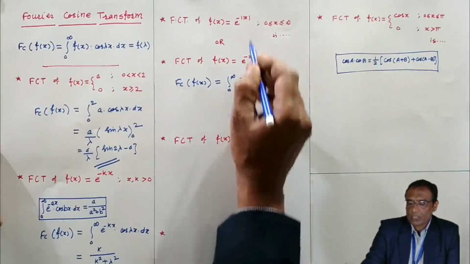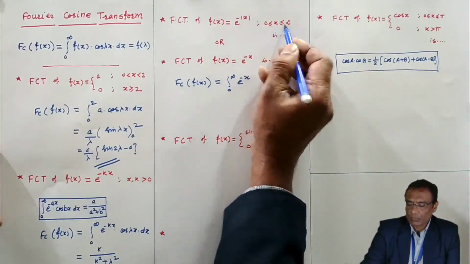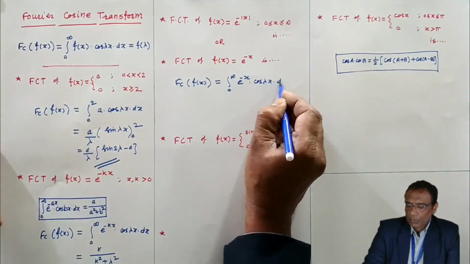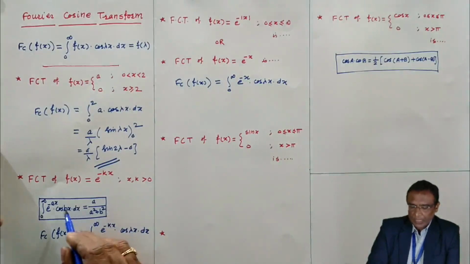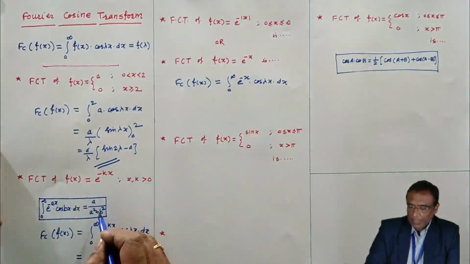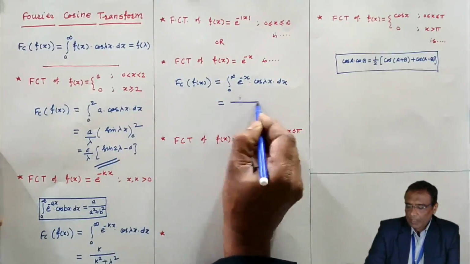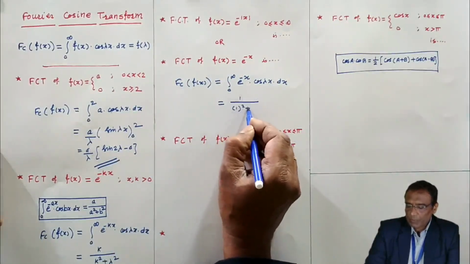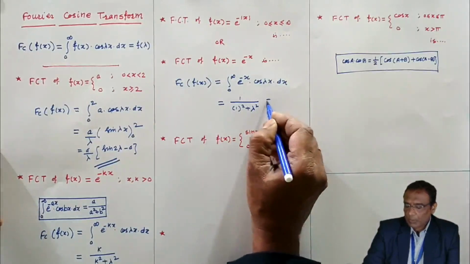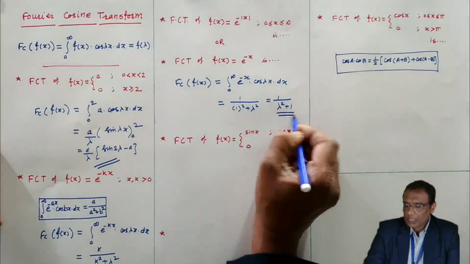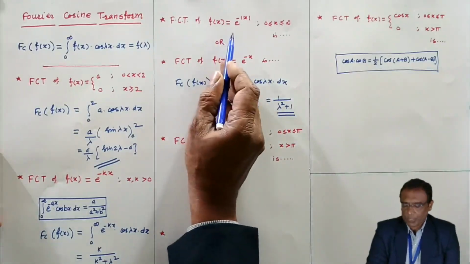This one. These two are the same because mod x is x for 0 to infinity. cos(lambda x) dx. Use this formula. Here a is 1 and b is lambda. Therefore, by this formula, a divided by a squared plus b squared is 1 by 1 plus lambda squared, the Fourier cosine transform of this.